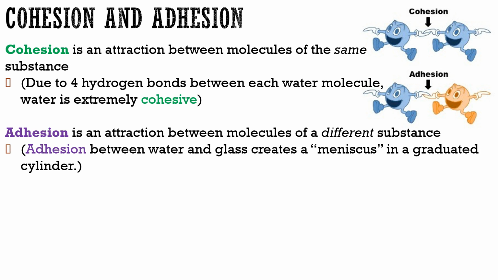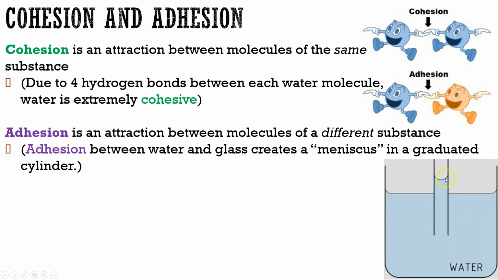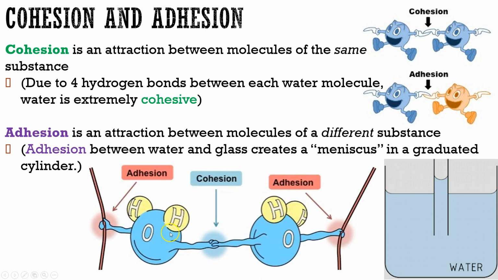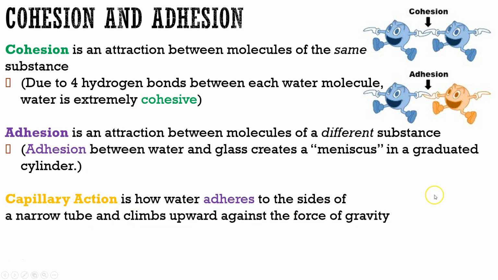If you put water inside a glass, like a graduated cylinder, you create this little meniscus in a graduated cylinder. That sort of little arc that we have right there. It doesn't happen on its own. It happens because we have a very strong adhesion between the water and the glass. So here's my water molecules. Of course, cohesion is holding them together, but they're also adhering, adhesion, to the walls of it. And this causes them to sort of climb up the sides of that very thin tube. This is what capillary action is.